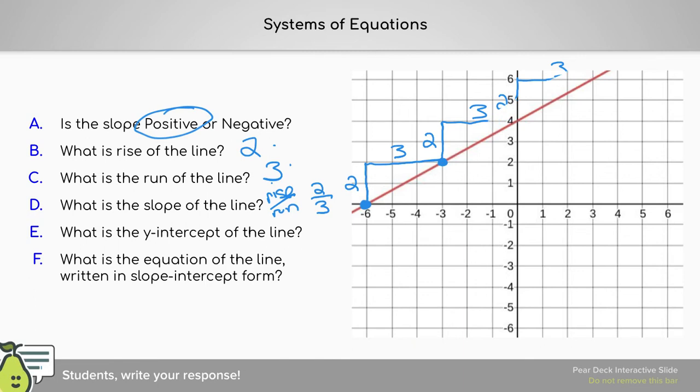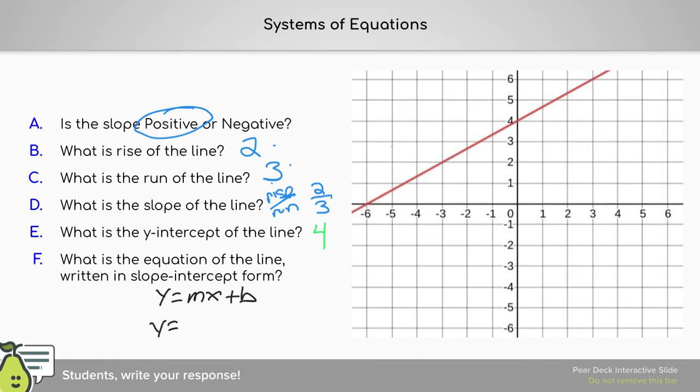Next, we want to look at the y-intercept. This is where our red line crosses the y-axis. So we can see, right here, it's (0, 4), or we could just write it as 4. There's our y-intercept. And finally, we want to write our equation in slope-intercept form, which is y equals mx plus b.